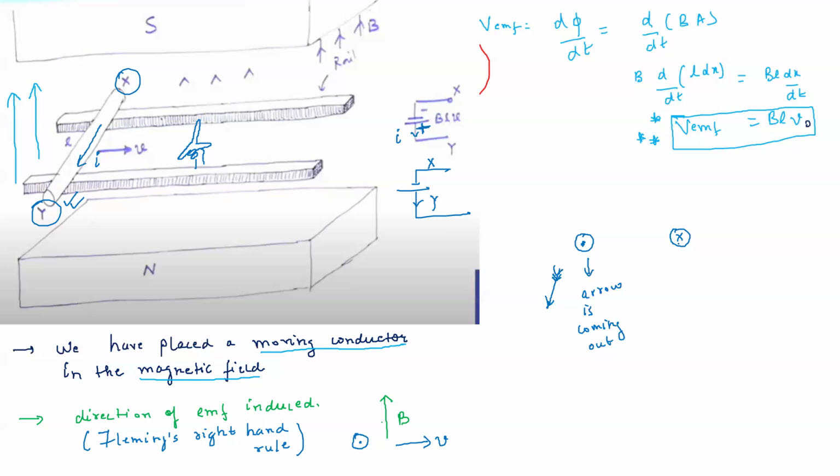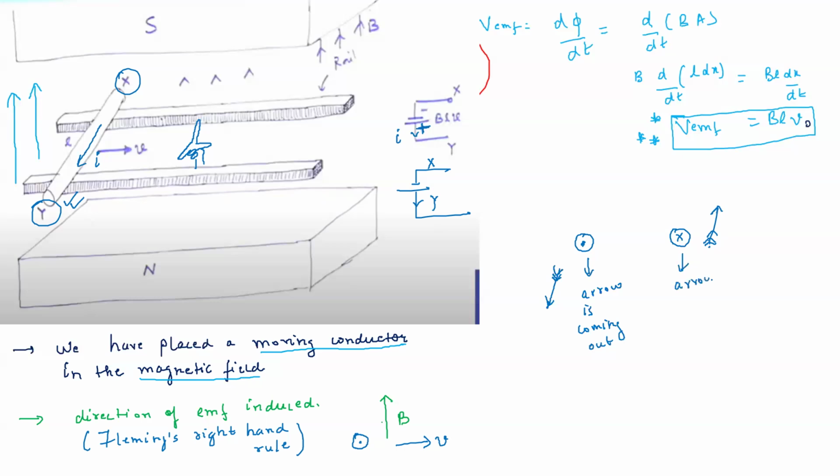Now if you see the arrow from the back, you will see a cross, because at the back of the arrow there are crosshairs. If the arrow is going away from you, into the plane, you will see the back of the arrow.